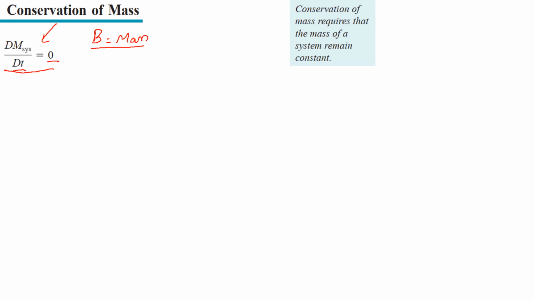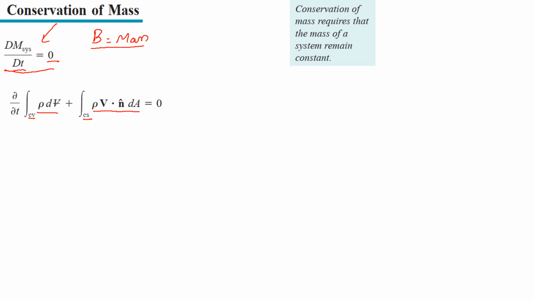On the right hand side we got the partial change with respect to time of the mass inside the control volume, plus the mass flowing into and out of the control volume through the control surfaces. This was in integral form.